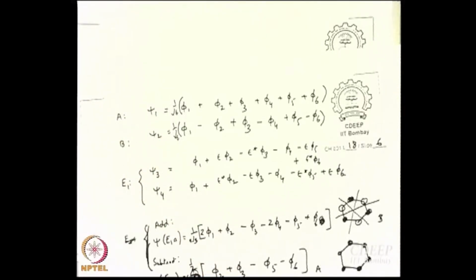So, if it is A in C6, which symmetry species is it in D6H? Has to be A2U, right? But we don't have A1G or anything. The only A kind of symmetry species we have is A2U, right? So, it's A2U.